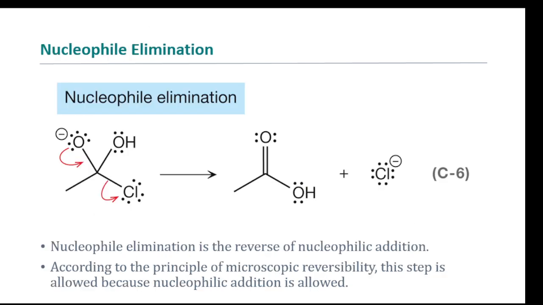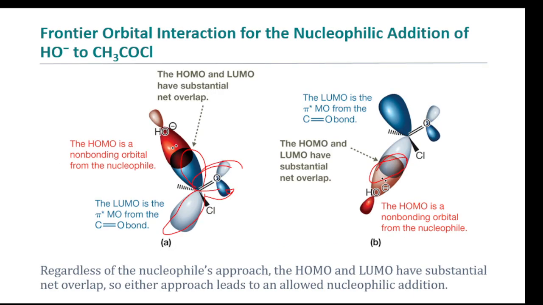Let's look at nucleophilic elimination. If we look at the nucleophilic elimination, it's going to be that same combination of orbitals and the same energetics. This means that we can actually look at it from either direction, right? We can look at this same diagram and say, okay, we have the electrons up here.